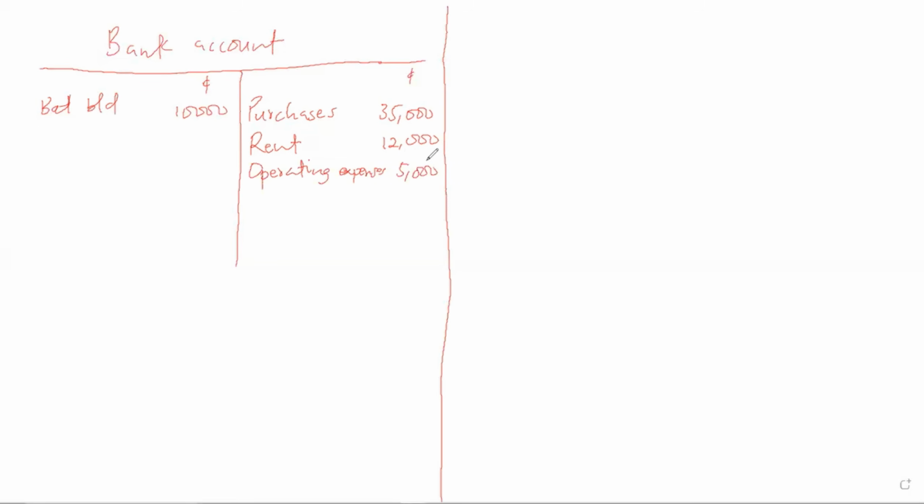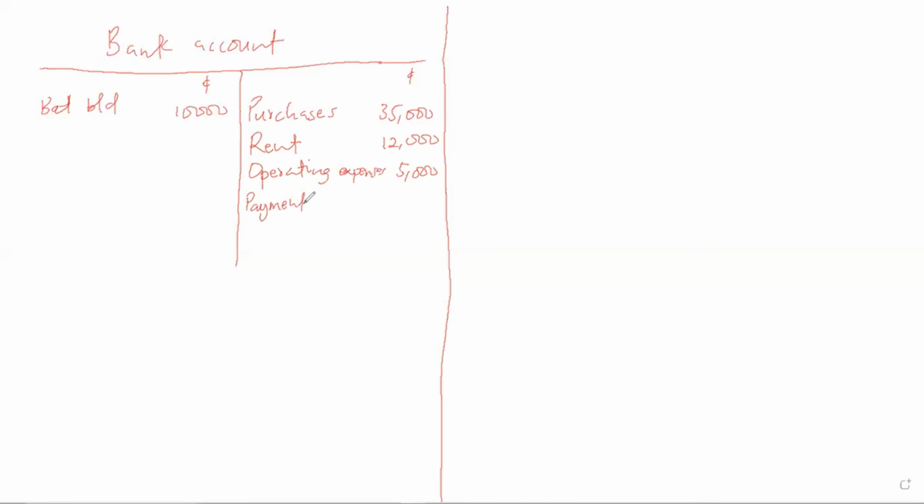Then when you look at the creditors control account, we had a difference on the debit side, which we named payment to suppliers. So we paid suppliers, and we'll bring it here as payment to suppliers.